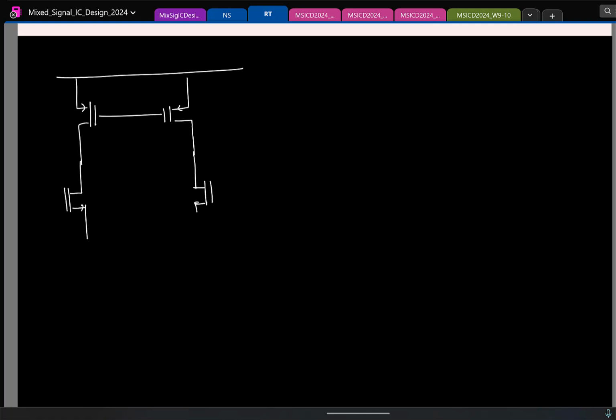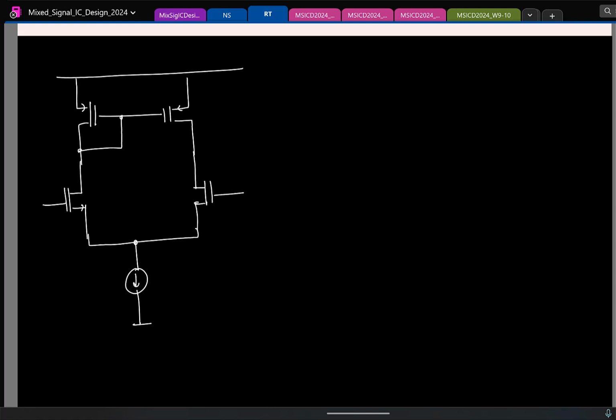Maybe I'll draw this again. For initial calculations, we'll assume we have an ideal current source. So let's not complicate unnecessarily.